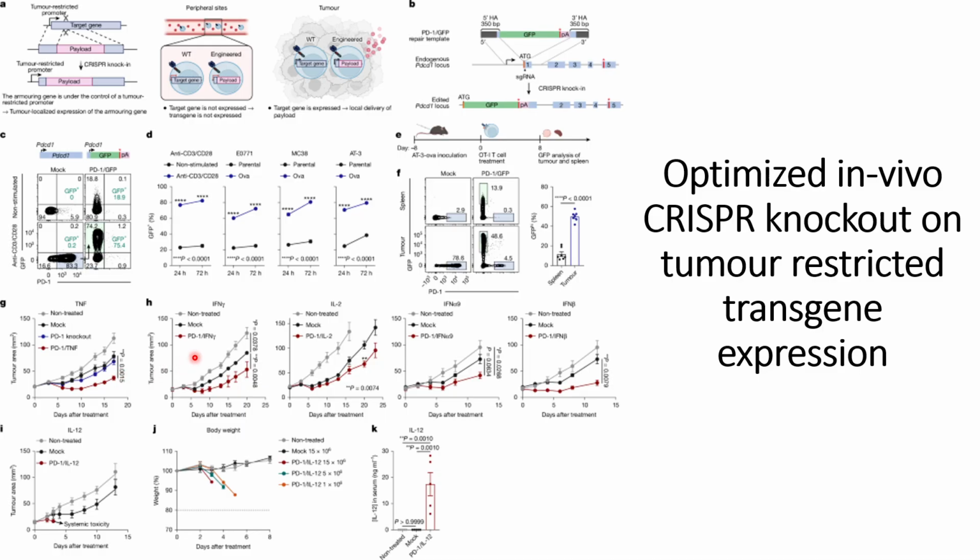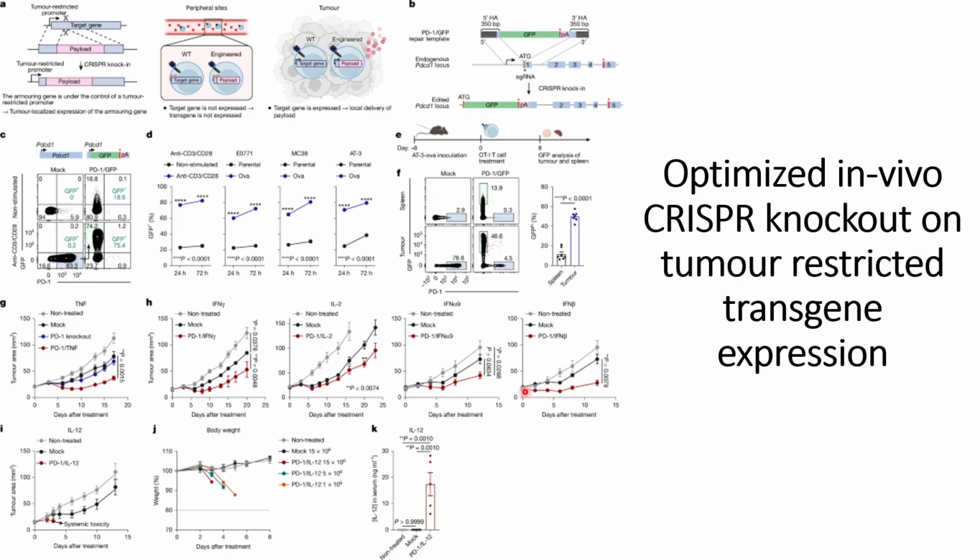Similarly for other cytokines such as IFN gamma and interleukin 12, when these are used, the tumor area is lower, indicating that they perform the function expected, which is to reduce tumor formation or slow down tumor growth. Even for IFN alpha 9 and IFN beta, they see a decreased tumor area.